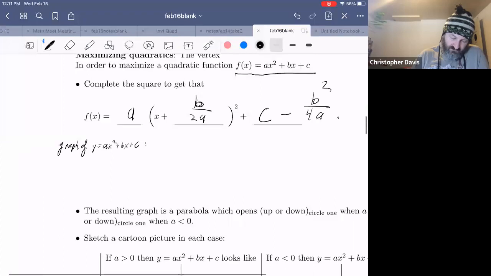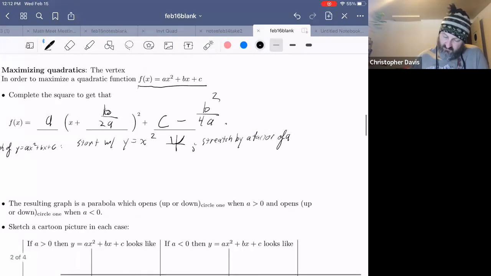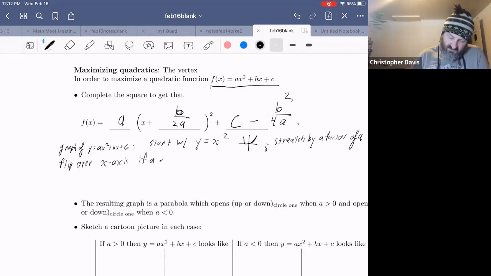well, you should start with y equals x squared. Something that looks like this. You should stretch by a factor of a vertically, and flip over the x-axis if a is less than 0.